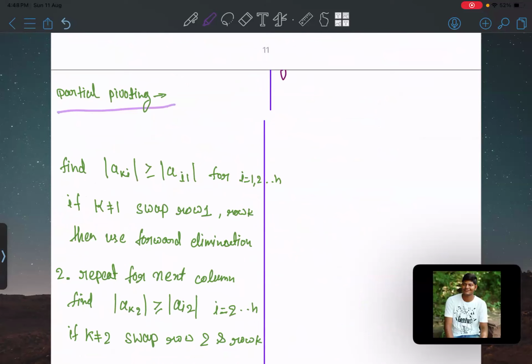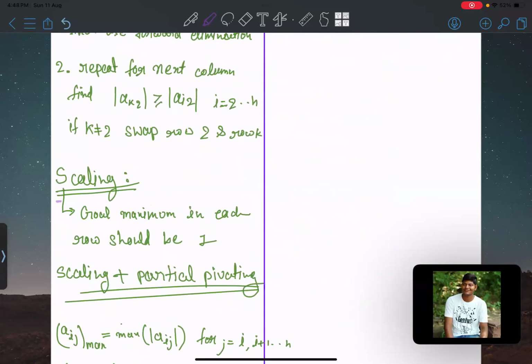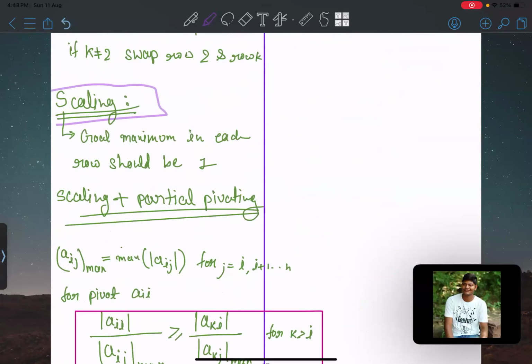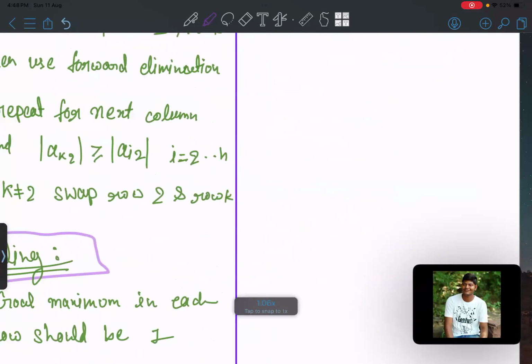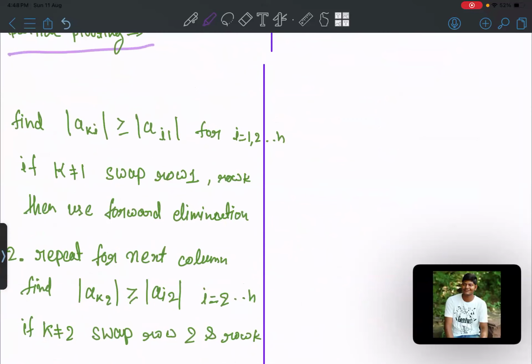Now if we go for partial pivoting and scaling, the back substitution will remain the same. Only what we need to check is, suppose we have some a_kk as pivot.